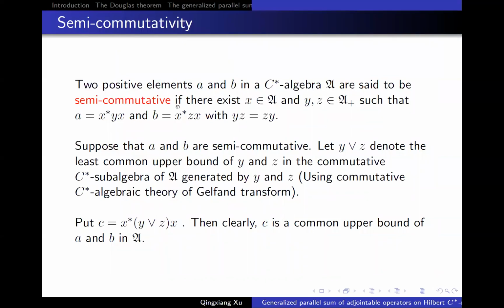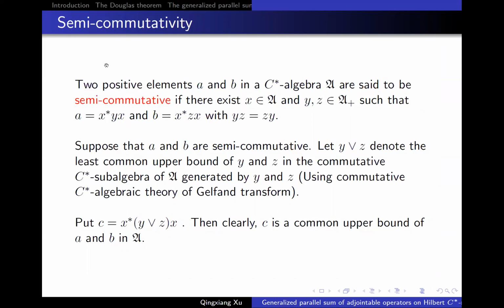They are semi-commutative if A and B can be expressed in this way, where the middle parts Y and Z are commutative. You can see that maybe A and B are not commutative, but the middle part is commutative. So we call them semi-commutative.